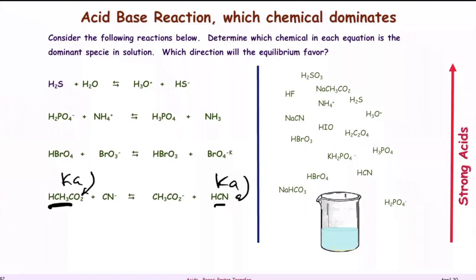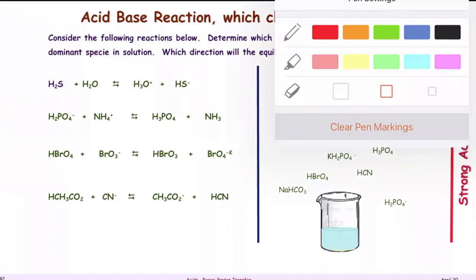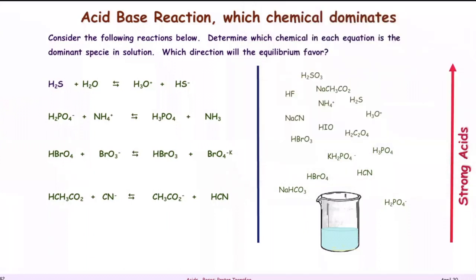So if we have all of these in a beaker and we want to figure out the relative strength of these acids, you can see that hydronium is the highest. H2S is somewhere in the middle. Ammonium is somewhere there. Phosphoric acid is actually higher than those.